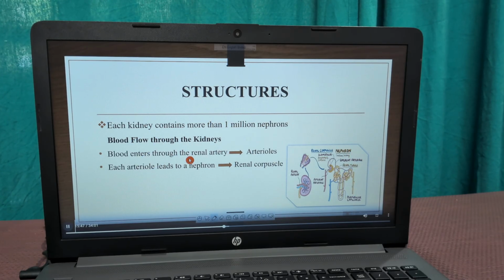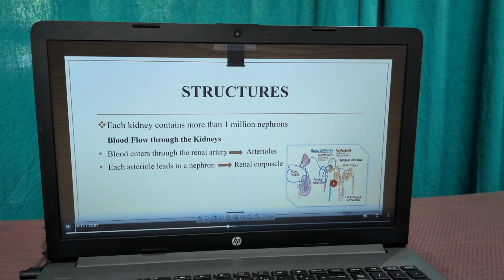Now, each kidney contains more than 1 million nephrons. Blood flows through the kidney. Let's understand. The blood enters the renal artery. From the renal artery, the blood is transported into the afferent arterioles. Each afferent arteriole leads to the nephron.